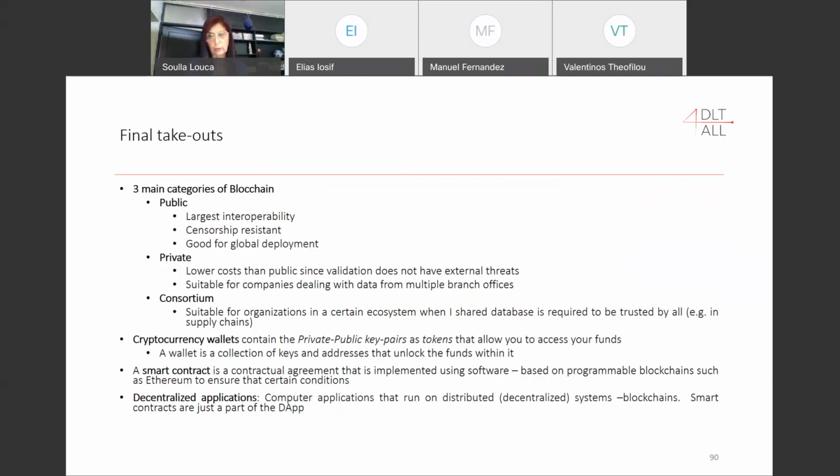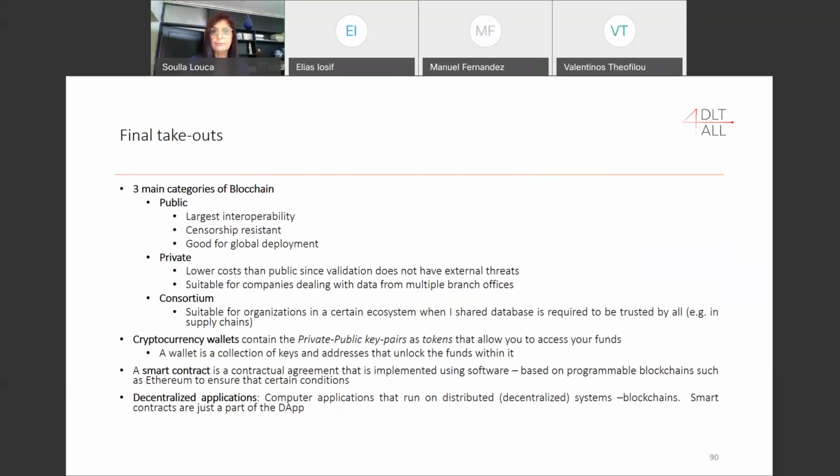Private ones have lower costs than the public ones, since the validation does not have external threats, and they are suitable for companies that deal with data from multiple branch offices. The consortium ones are suitable for organizations that operate in a certain ecosystem, such as a shared database that is required to be trusted by the different participants in these ecosystems, such as, for example, in supply chains.